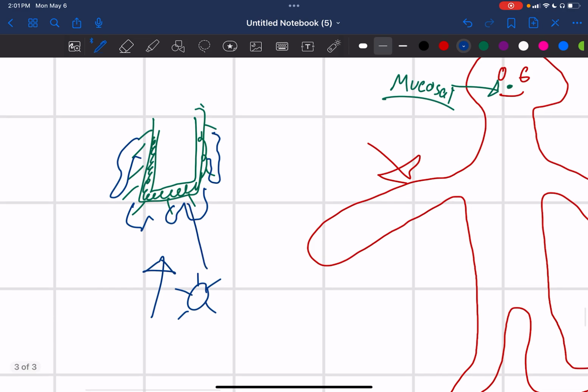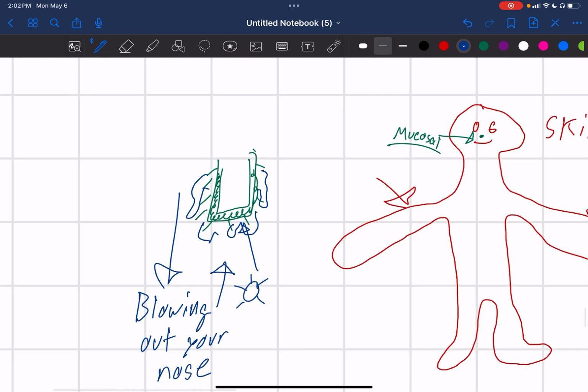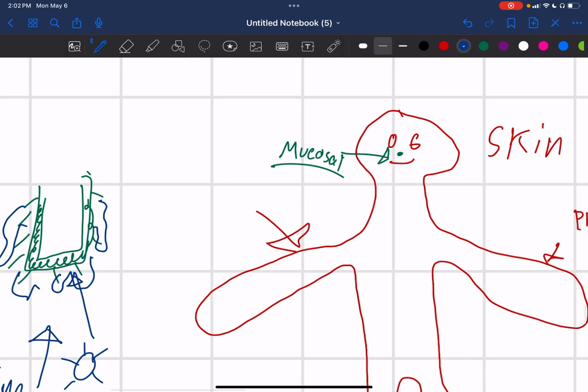Those pathogens can then attach to your epithelial barrier. However, mucus creates an extra lining so that the pathogen attaches to the mucus, and it can then be expelled by blowing out your nose, right? So that's the importance of mucosal epithelia and the mucus.